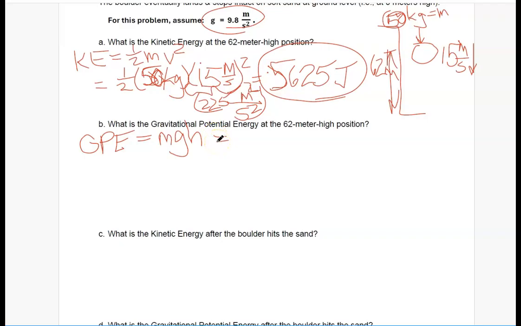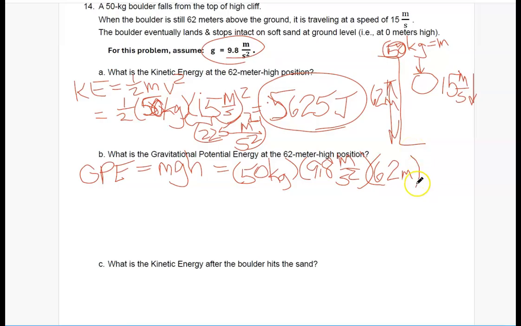So if we were given weight, we wouldn't multiply it by the g, but we were given the mass, so we do have to multiply it by the g. Our mass in this problem is 50 kilograms. It hasn't changed. Our g is, we are told, 9.8 meters per second squared. And the height at this point in the drop is 62 meters.